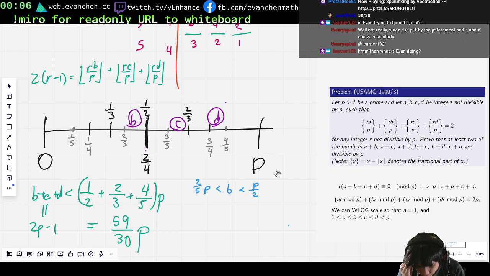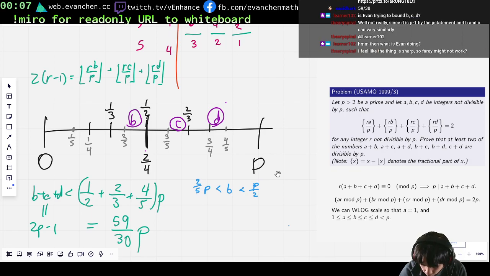The alternative is I can try to look for a different value of R to falsify it. Although R equals 6 will work fine because there's no... Will it work fine? Where is the 6's full? Here, 3, 5... 5, 6 is here, 3, 5... Oh, 6 is actually too small.